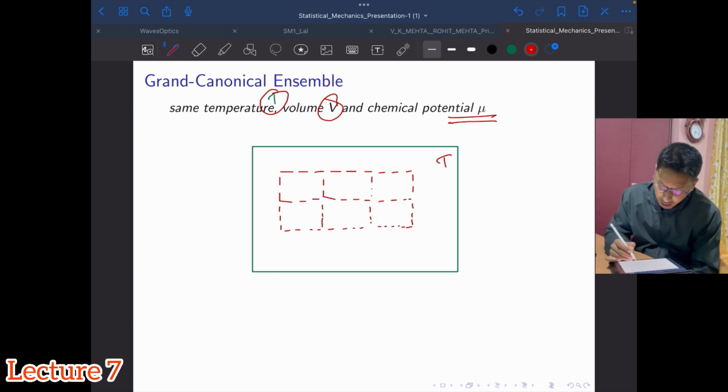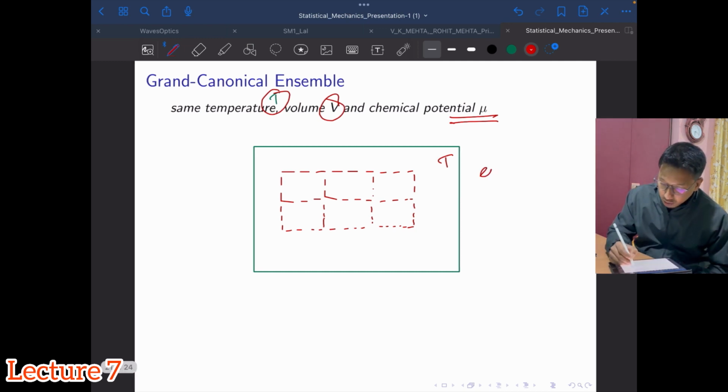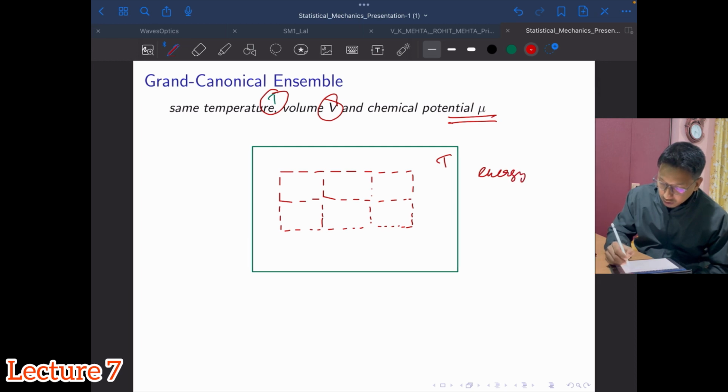So basically, in the microcanonical ensemble, energy and matter were not allowed to exchange, whereas in the canonical ensemble energy was allowed to exchange, and in the grand canonical ensemble both energy and matter are allowed to exchange.